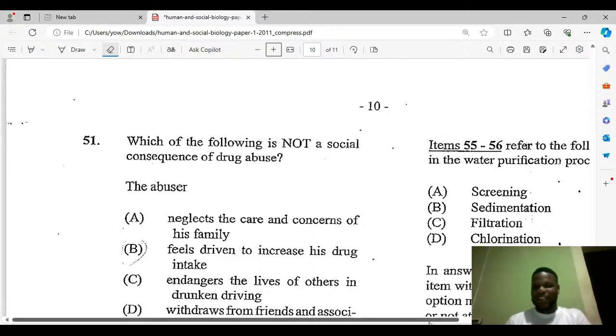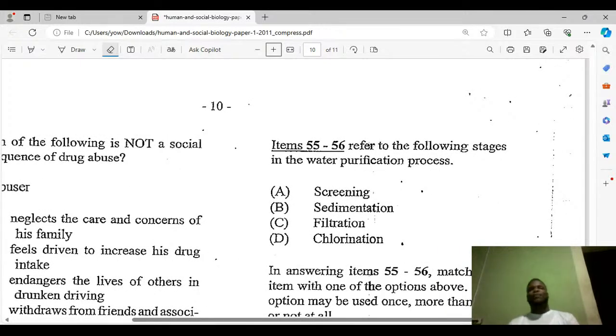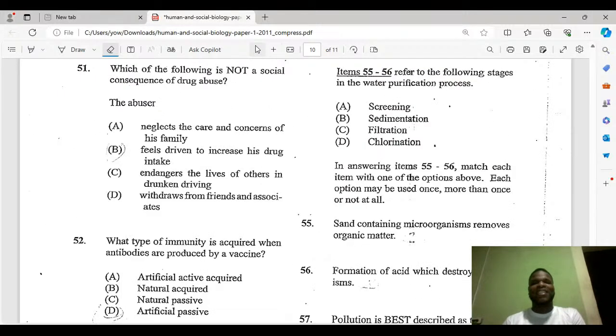55 to 56 refer to the following stages in the water purification process. All right? So we have screening, sedimentation, filtration, chlorination. In answering 55 to 56, match each item with one option above; each may be used once, more than once, or not at all. So 55: sand containing microorganisms removes organic matter. What would be 55?